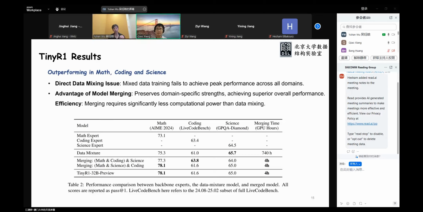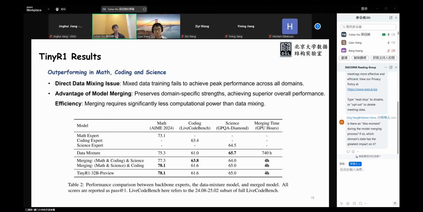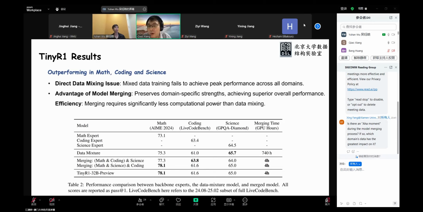I see. Okay, that's a very interesting question. There's a question actually from one of my students. In our paper reading group meetings, we always ask a similar question: what's your aha moment when you were designing Tiny R1?